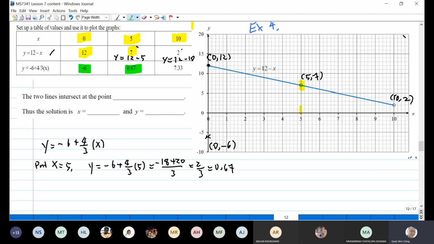So where is it now? It is somewhere here. Not very accurate, because 0.67 is slightly more than half, and the scale is very small. So this is (5, 0.67).